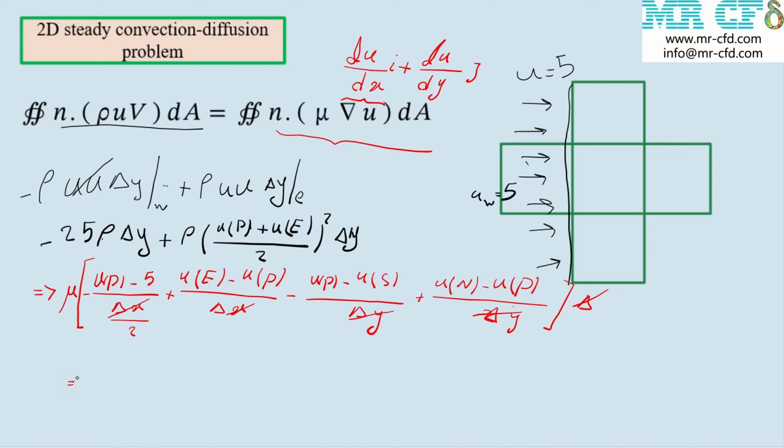And by simplification, we can write mu times negative 5 u_P plus 10 plus u in the east, u in the south, and u in the north.